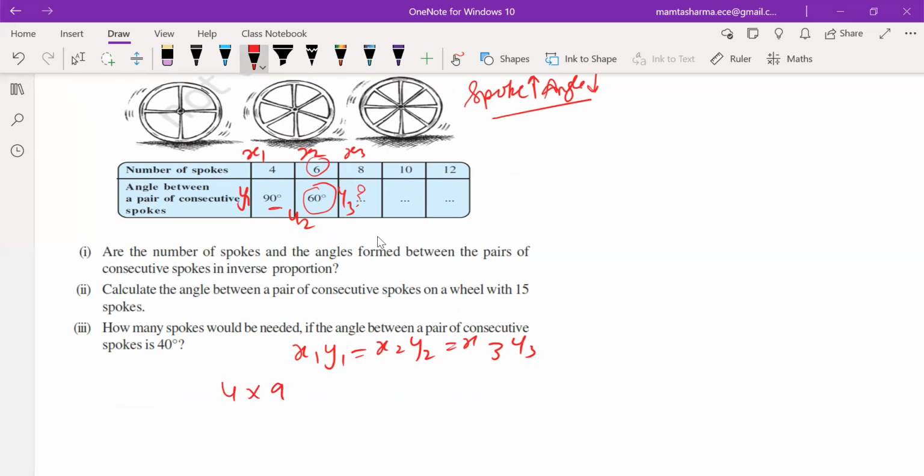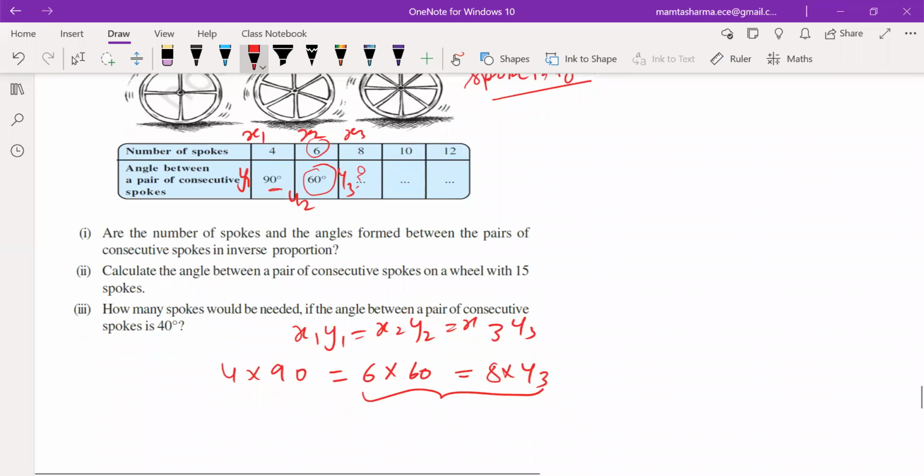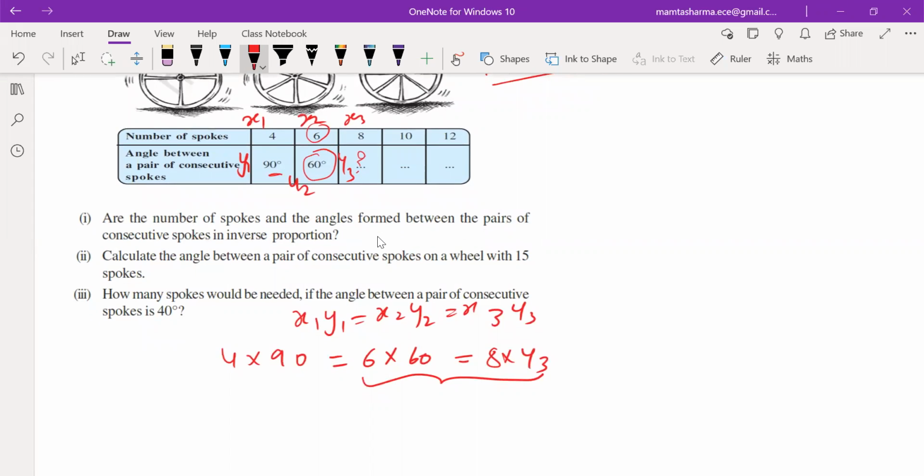So 4 into 90 equals 6 into 60 equals 8 into y3. Take any equation and try to solve it. 6 into 60 equals 8 into y3. So y3 would be 6 into 60 divided by 8. Ananya, what are you getting?